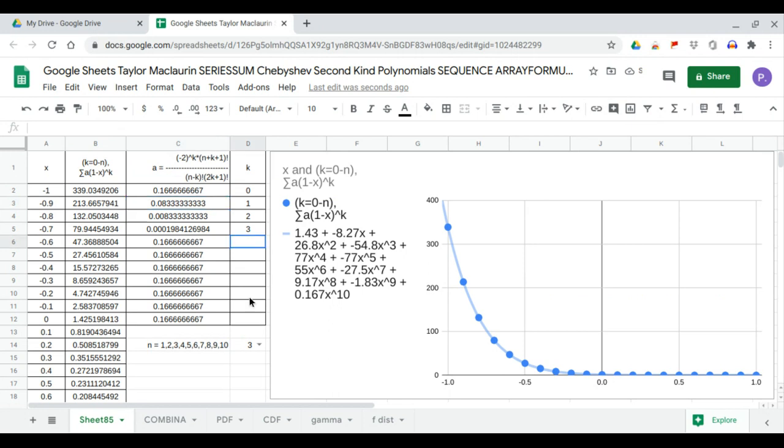If this is blank, this should be 0. So we have to correct that. If k is blank or empty, then 0.